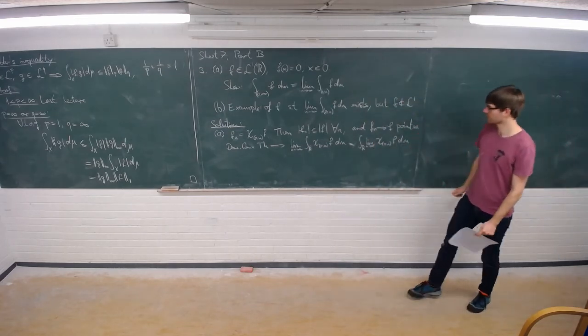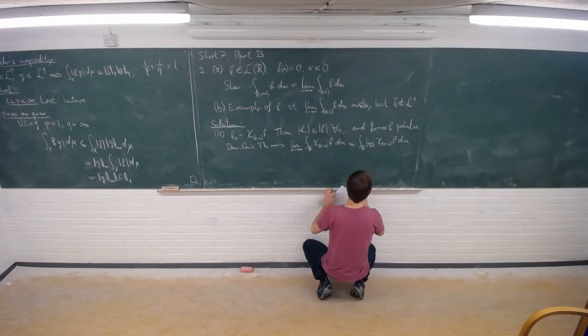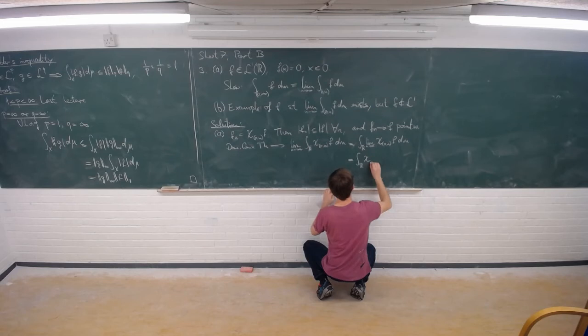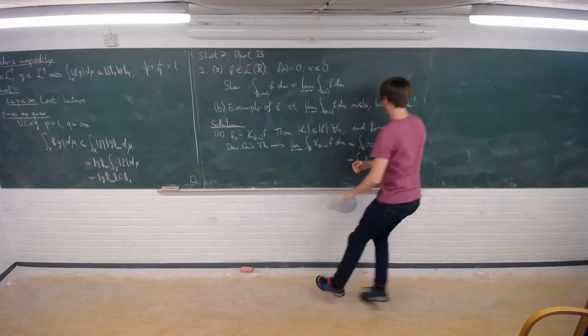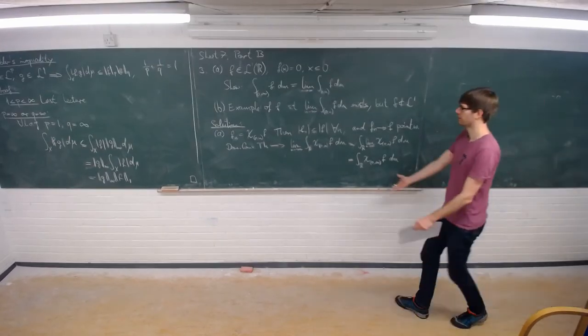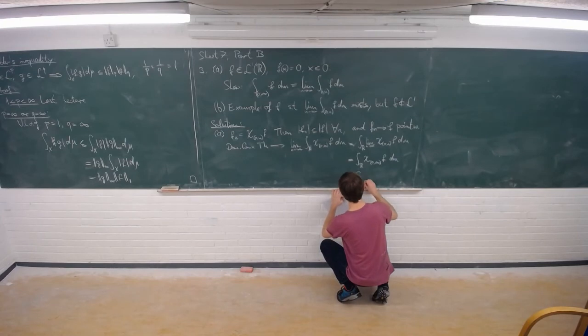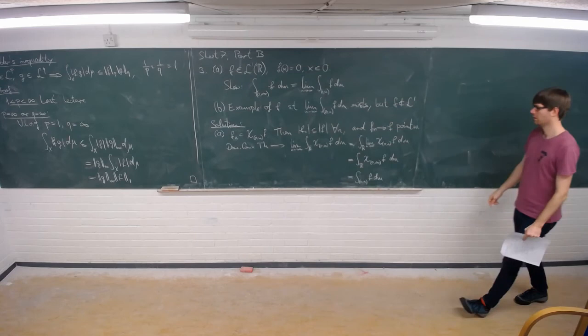But now inside this integral, this limit is just f times the characteristic function from 0 to infinity, and this is the same as the integral from 0 to infinity of f dm.